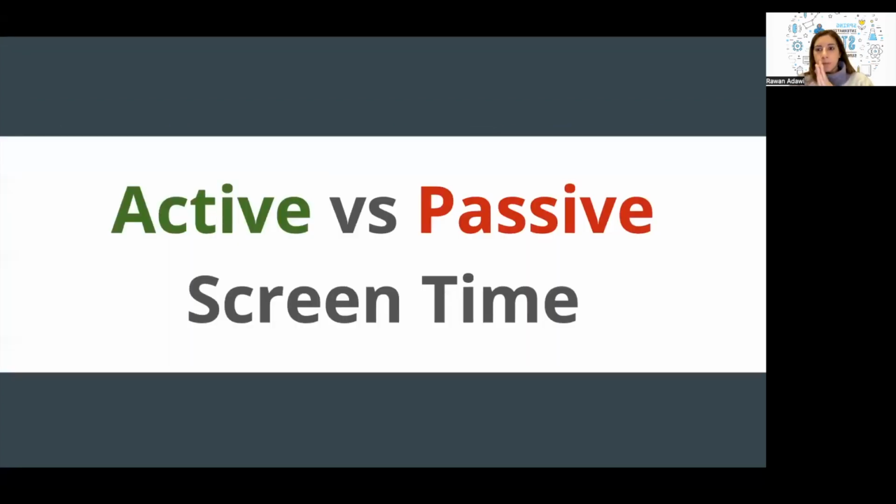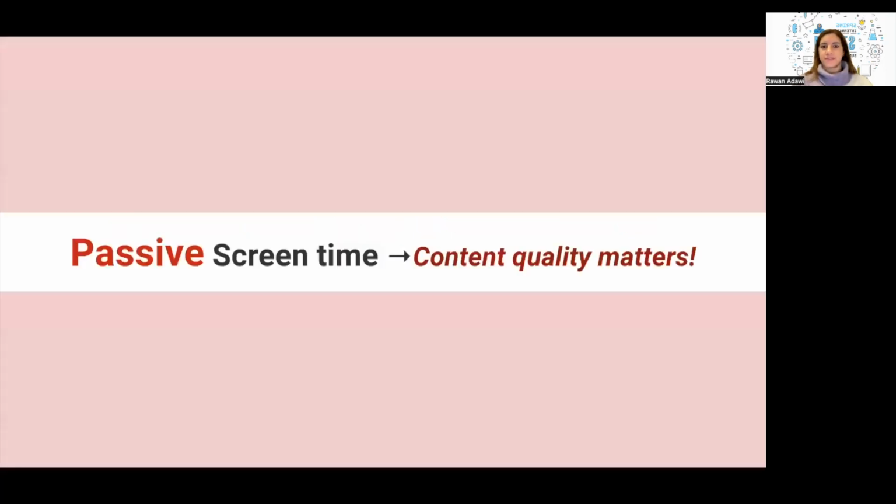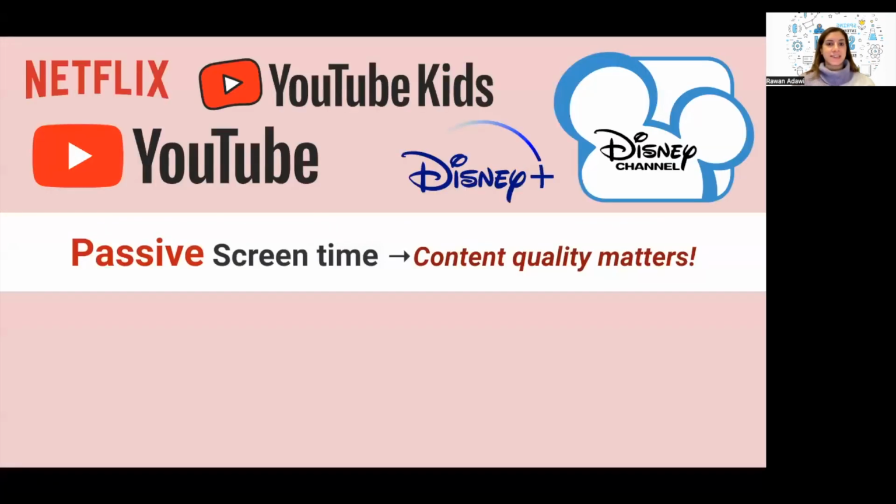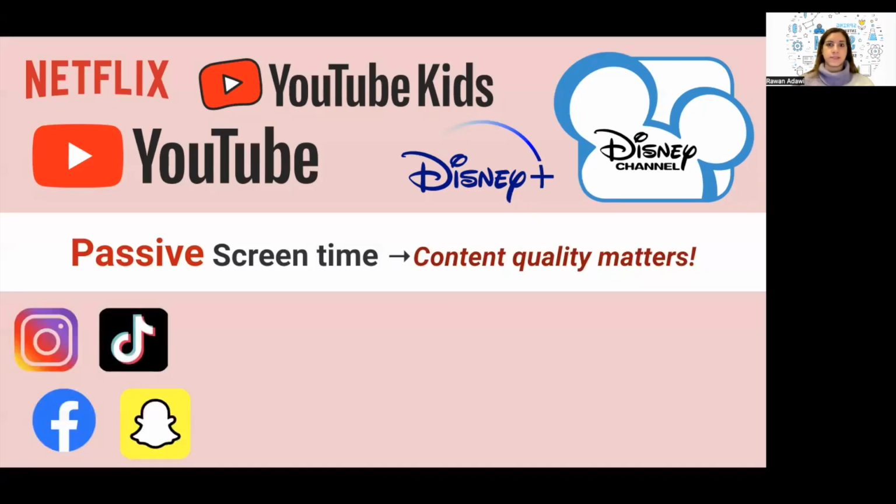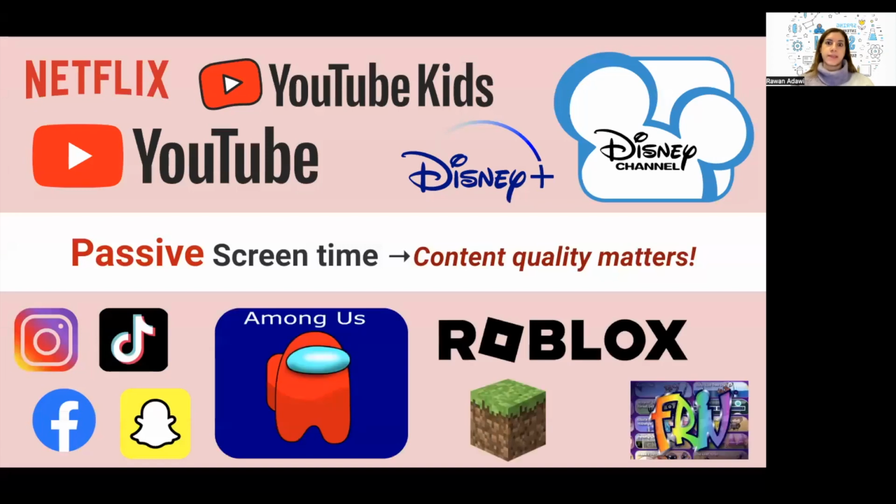So always when we're planning for ICT integration, and particularly when you have a BYOD policy and you want your students to use technology, but also to watch out for screen time, make sure that it's active screen time, not passive. Passive is like watching YouTube videos the whole time, or watching Netflix, or social media platforms, or playing games.